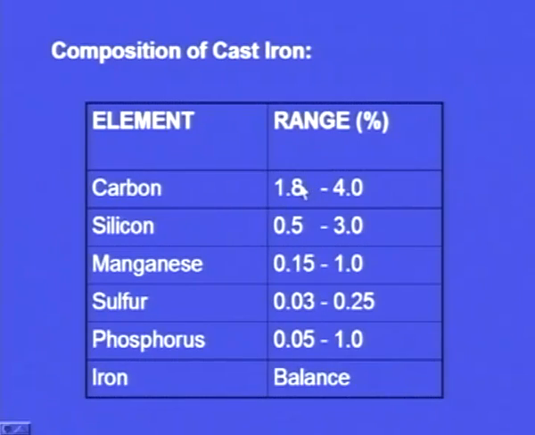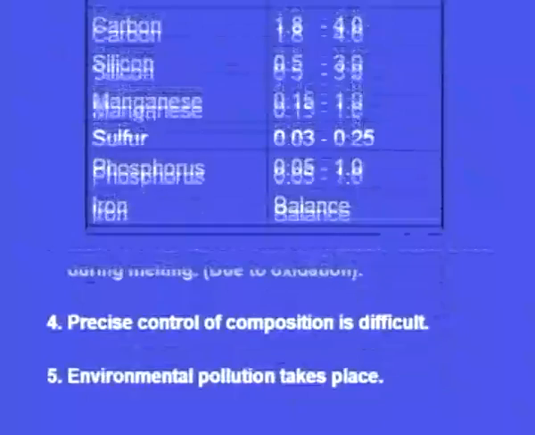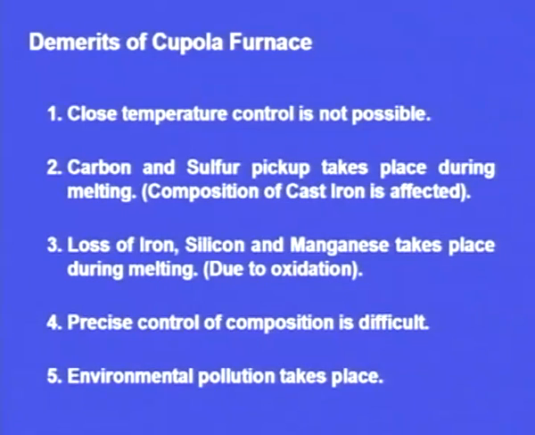If this range is not maintained, the molten metal will not be of any use. The purpose is lost. Now what is happening? The carbon, the permitted limit is 1.8 to 4%, and carbon pickup takes place, means carbon will be added to the molten metal. How? We are using coke for the combustion purpose.